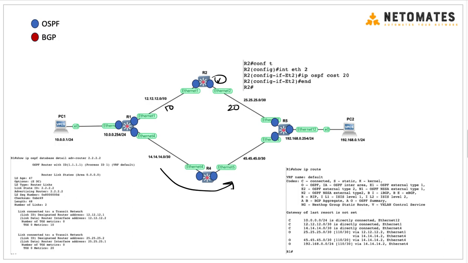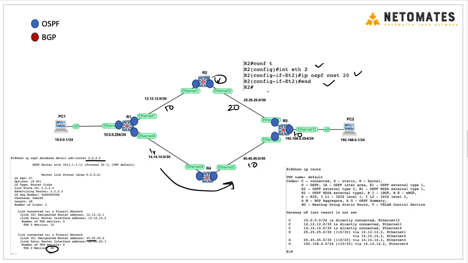So this is 10, this is 10, this is 10, and this is 10. Now let's see what R2 advertises about its networks and the cost. As you can see, the 25 link, which is between R2 and R5, has the metric of 20 because we manually changed the cost of this one.